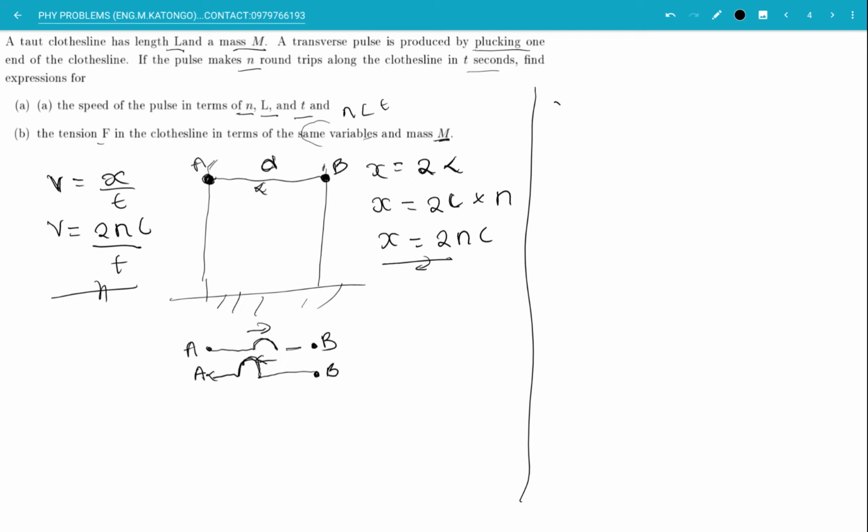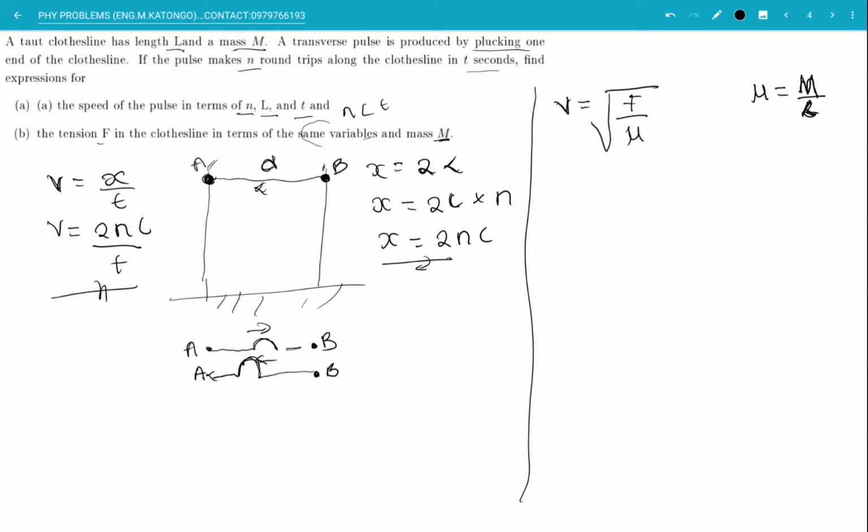So therefore, the speed v in terms of tension in a string is given by the root of F, being the tension, over mu, where we can say mu is equal to the mass per unit length, with m being the mass and L being the length, and the tension F will practically be the same.